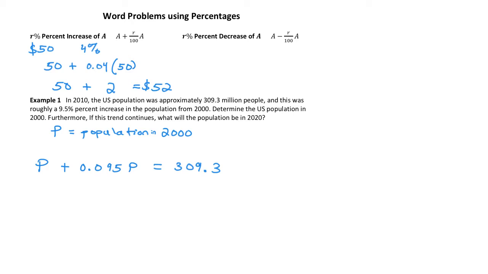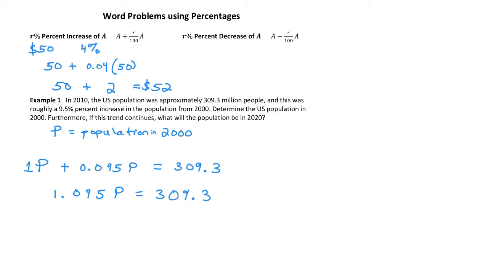So all I need to do now is solve this equation for the variable P. I'm noticing on the left side here, these are like terms, kind of looks a little bit different, but that's really 1 times P plus 0.095 P. If you add those two together, you get 1.095 times P, and that's equal to 309.3.